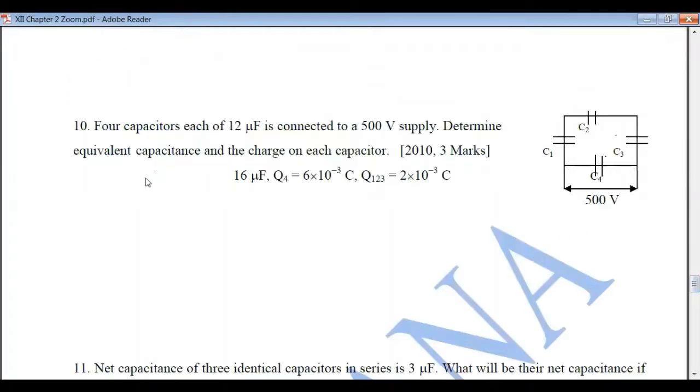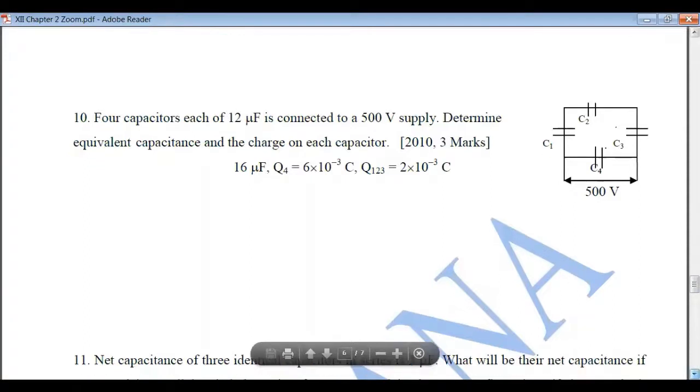Question number 10: four capacitors each of 12 microfarads are connected to a 500 volt supply. Determine the equivalent capacitance and the charge on each capacitor. Now from the figure you can see that C1, C2 and C3 are connected in series, and this combination is in parallel to C4.